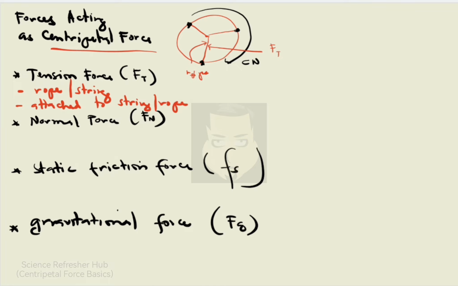For a normal force, we can observe normal force acting as a centripetal force in a Ferris wheel scenario, along with gravitational force. They go hand in hand. This gravitational force will help act as a centripetal force in a Ferris wheel.